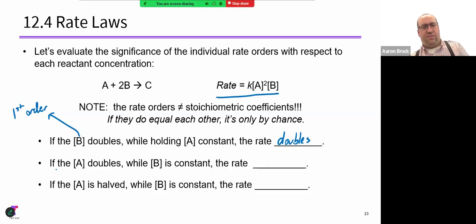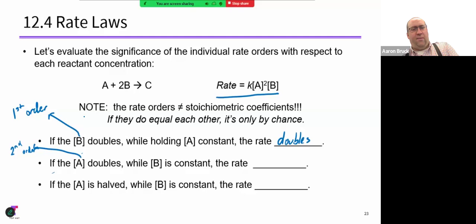In this second example, I have A that is doubling while B is held constant. And now I look at it and go, okay, well, A is second order.